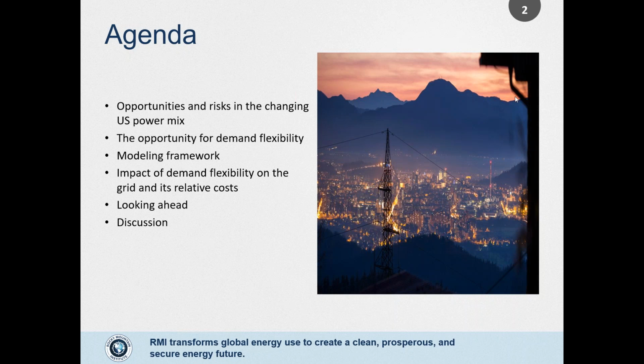And so for the next 15 to 20 minutes or so, I'm going to first say a little bit about the context on why we decided to undertake this study, describe what we mean when we say demand flexibility and what we see as the opportunity, walk through a little bit of the framework and the modeling approach we used in the report, and then end with the key results and the implications we see from those results.